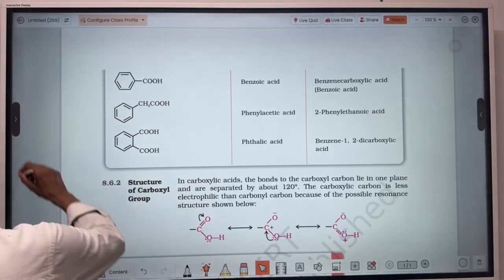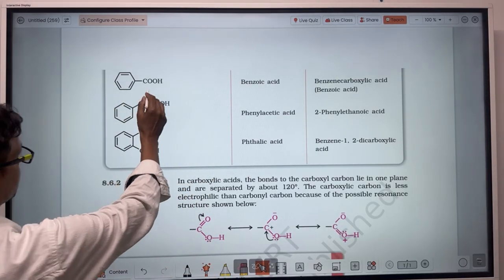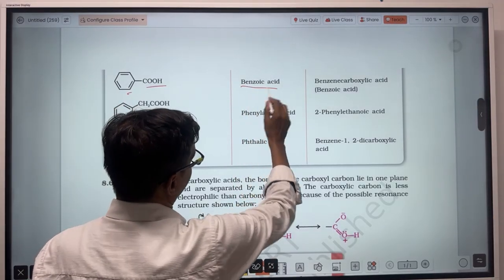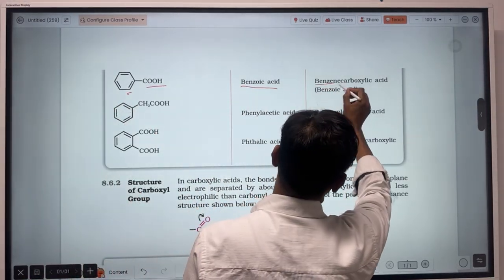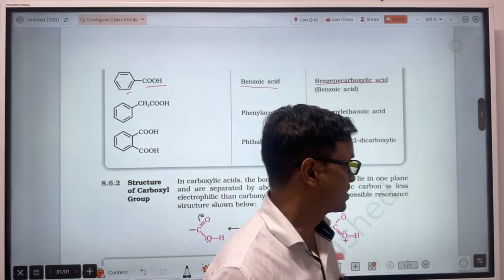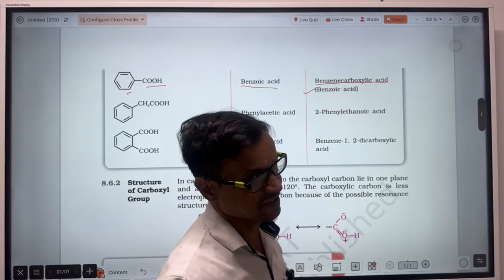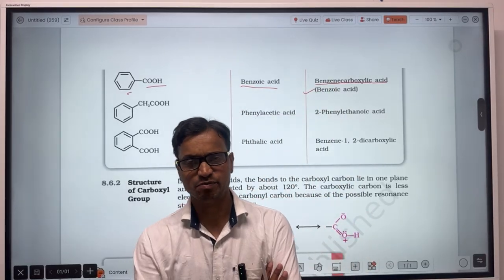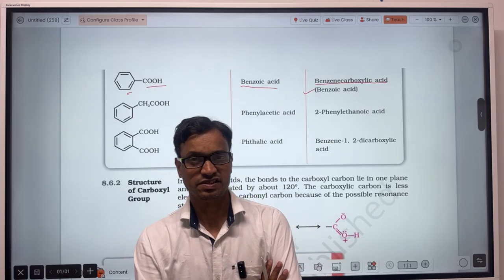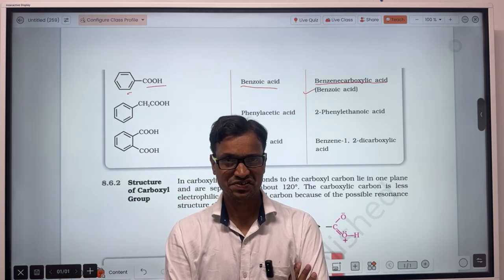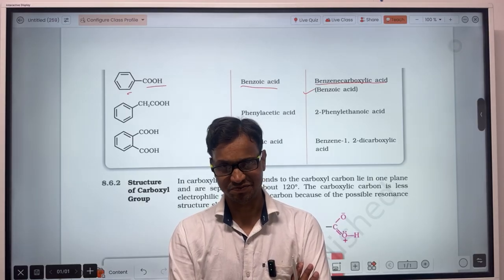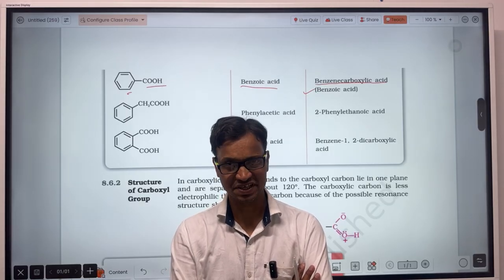Now let's see here in the benzene. When a COOH group is bonded to the benzene, the common name is benzoic acid and the IUPAC name is benzene carboxylic acid. Nowadays the name benzoic acid has been adopted by the IUPAC system, but earlier its IUPAC name was benzene carboxylic acid because the COOH group was not included in the main chain.